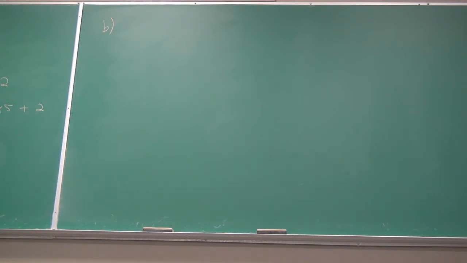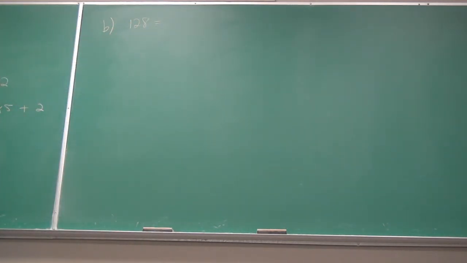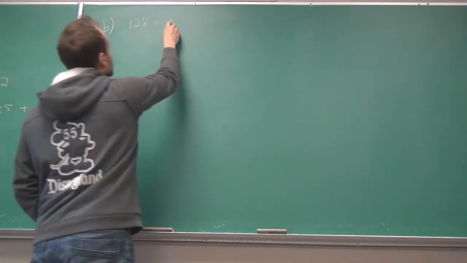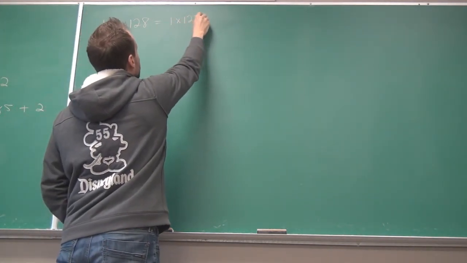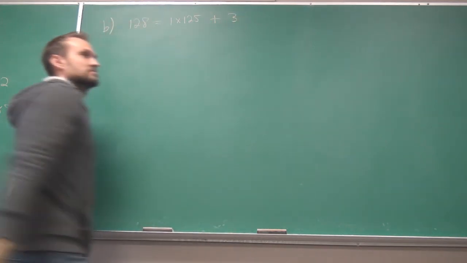128, I have to break up according to these 5s. So what is the biggest grouping, let's call it, that I can fit in? 125. I can fit in 125. And then I only have 3 left.